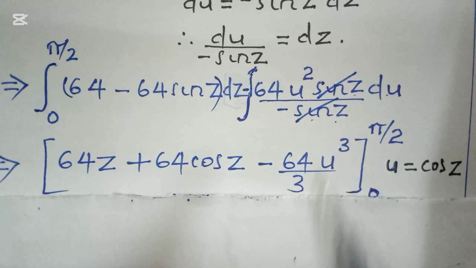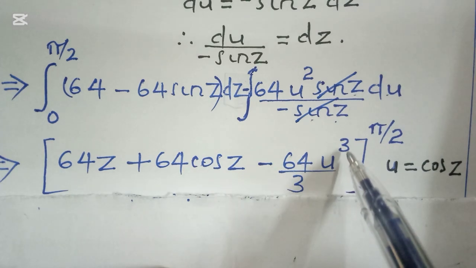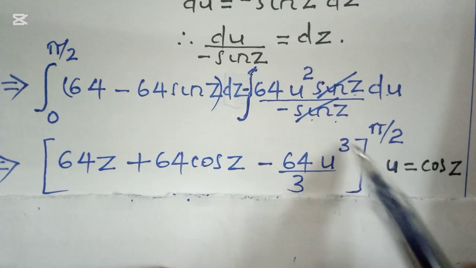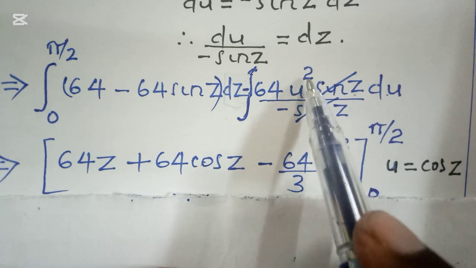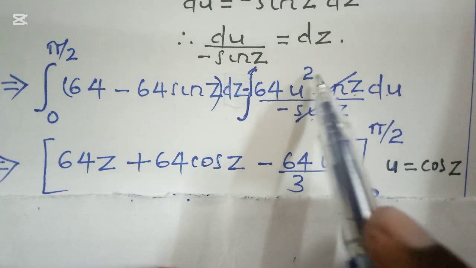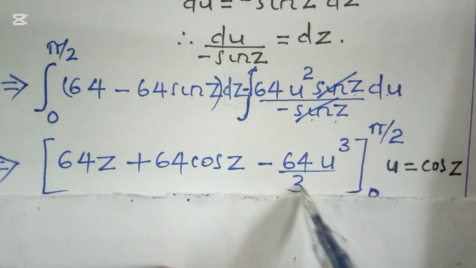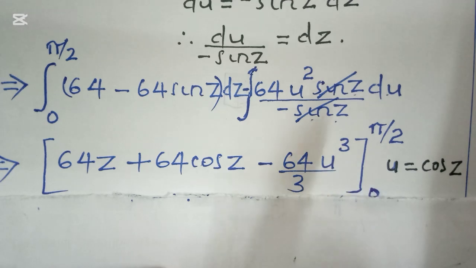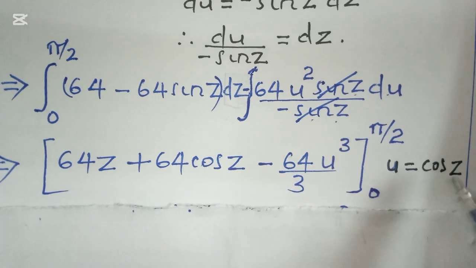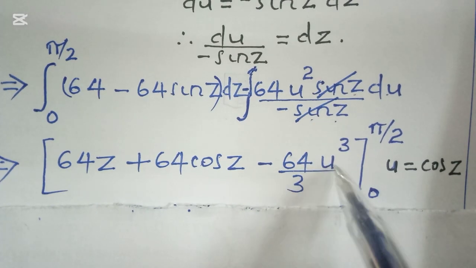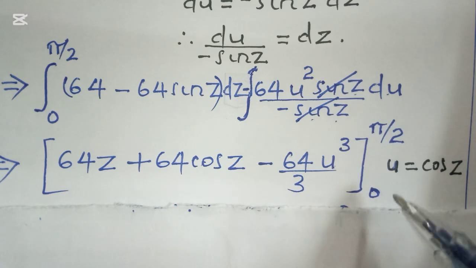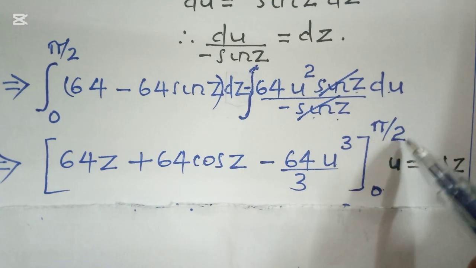Guys, now already I have integrated, as you can see, because u raised to 2, if you integrate, is 2 plus 1 all over 3. So this is already integrated, guys. We now come and replace for u, which is now cos z. So guys, we now replace our limits from 0 to pi over 2.